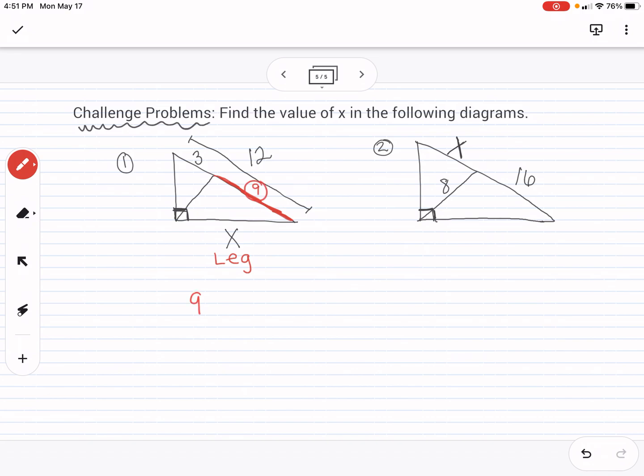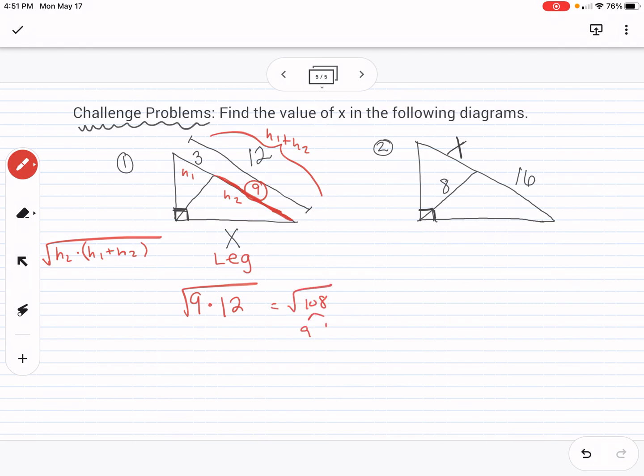So I'm going to do 9 times the whole hypotenuse, which is 12, square rooted. 9 times 12 is going to be 108. Here I have a pair of 3s, a pair of 2s, and a 3 left over. So my answer is 6 square root of 3.